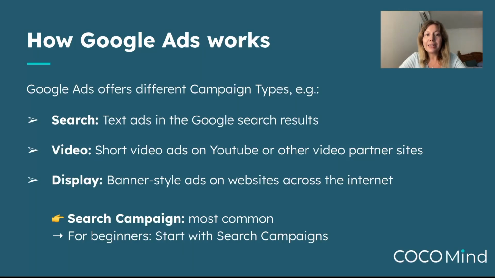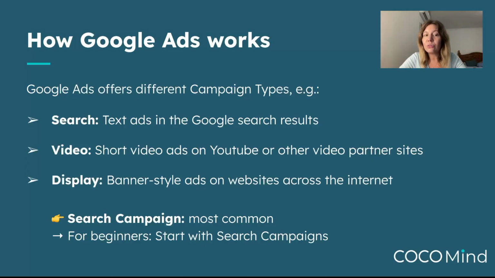How does Google Ads work? In Google Ads you have different campaign types to choose from. The main campaign types are search campaign, video campaign, and display campaign. Search campaigns are the text ads in the Google search results. Video campaigns are short video ads on YouTube or on other video partner sites.